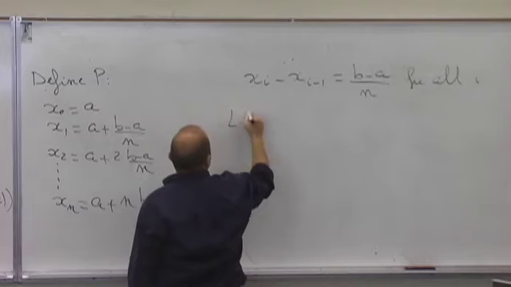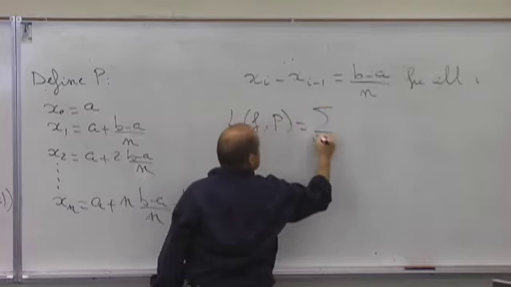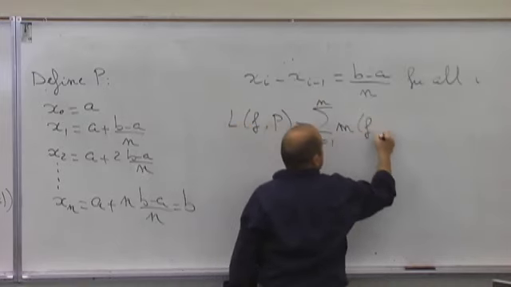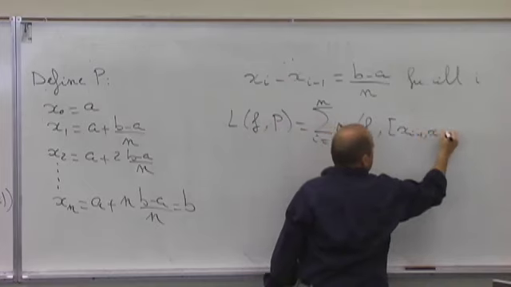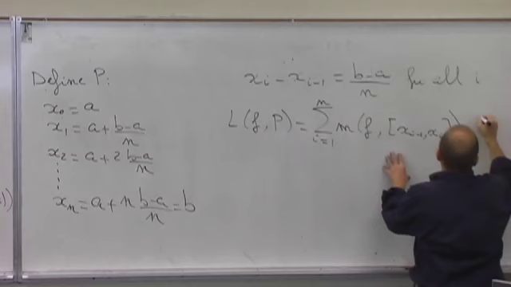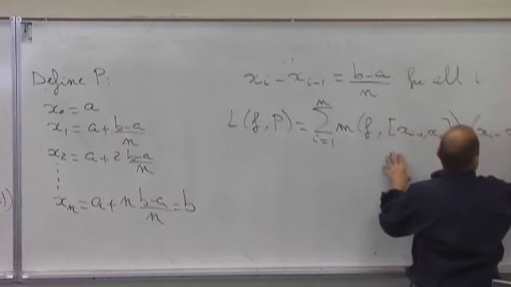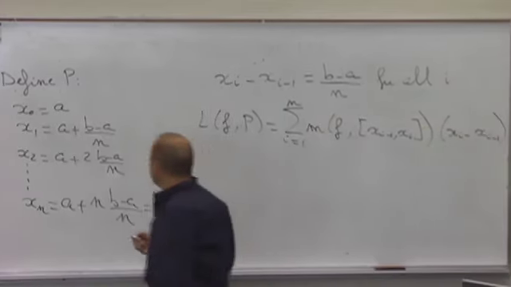Now we compute the lower Darboux sum, which by definition is this thing.